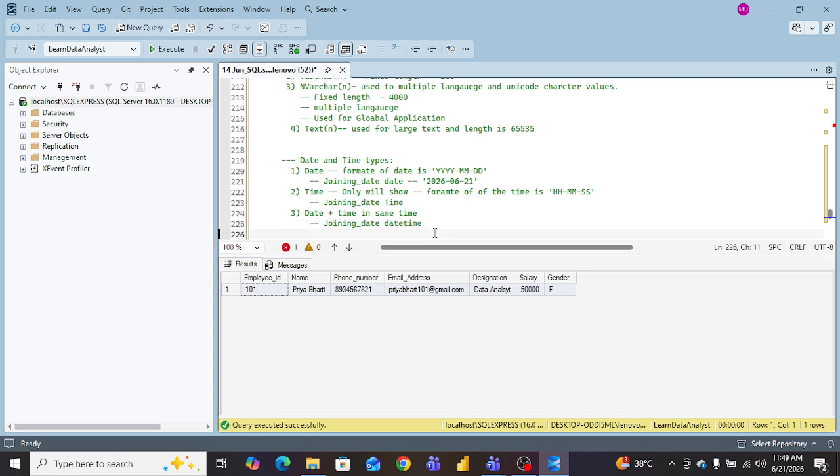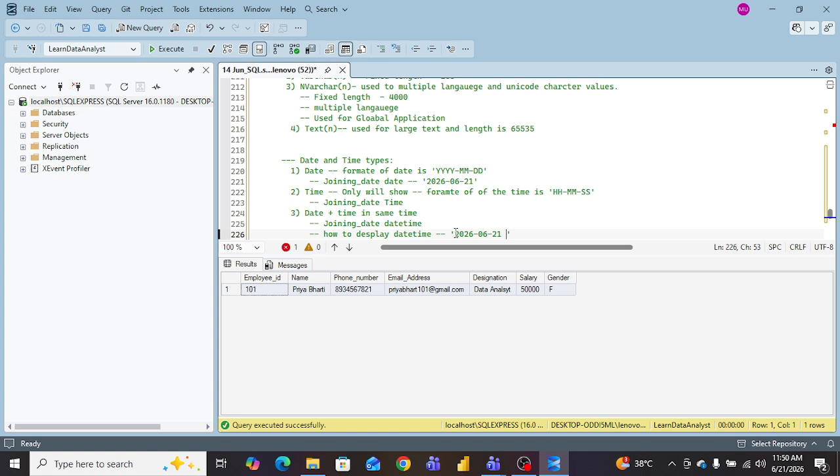This is very important. I will make it in a new line to show or display the date and time. I'm using quotes, so I will make it like this.